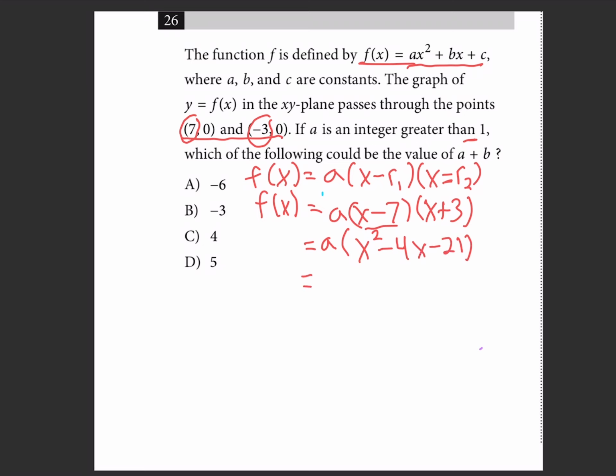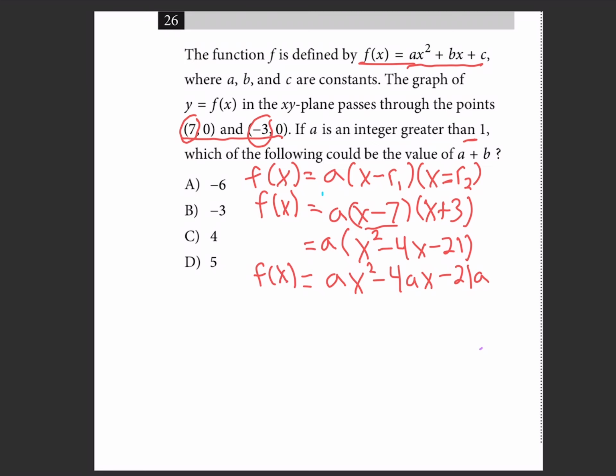And if I distribute in the a, I get ax squared, take away 4 times a times x, take away 21a. So what I have now is f of x equals this. So what do we know? Well, look at what we've got.